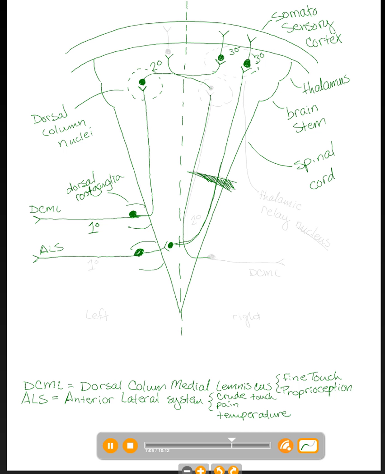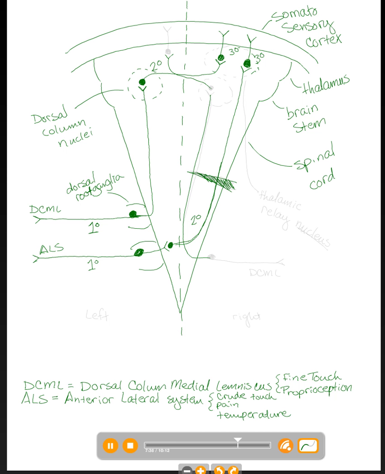The second order neuron then crosses the midline, as it always does in both pathways, and then it will go all the way up here, synapse onto the third order neuron, which will then enter the somatosensory cortex. So this is primary, secondary, and tertiary again.